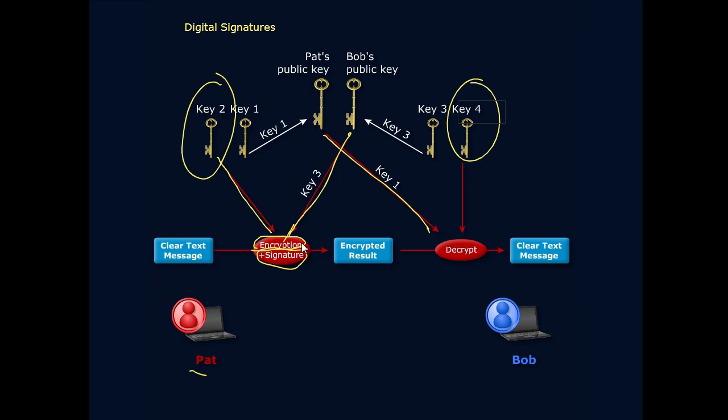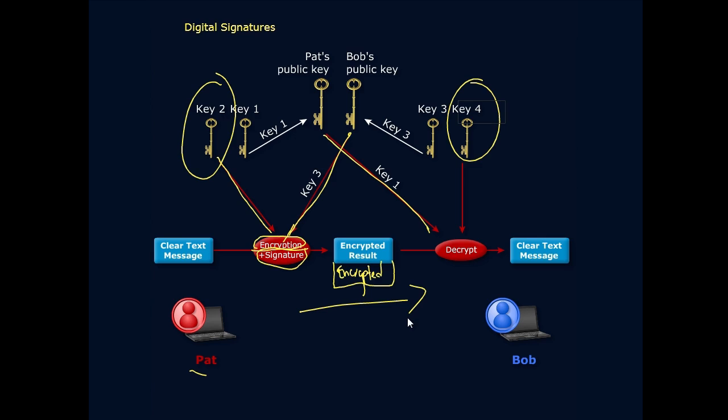So this has been encrypted twice. It's been encrypted once, and I'm even going to draw another box here. Encrypted again. So this message has been encrypted twice. And then it's sent across to me, Bob.